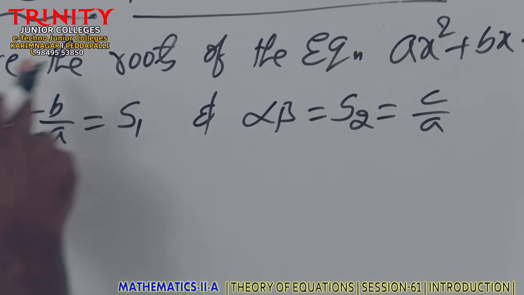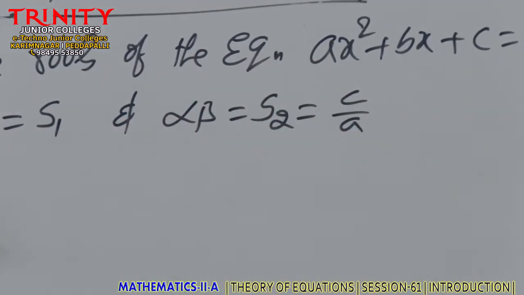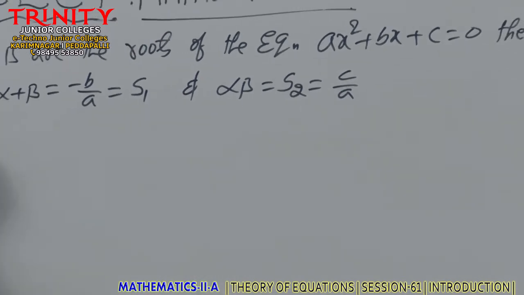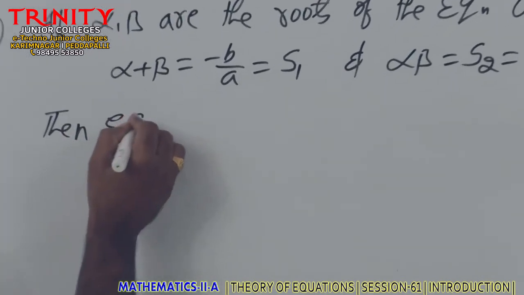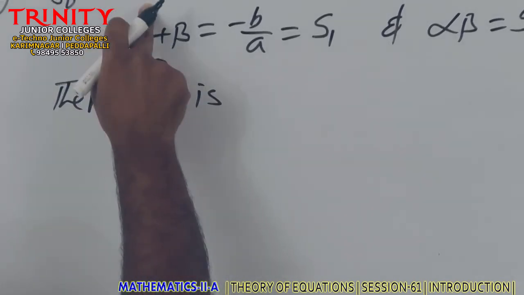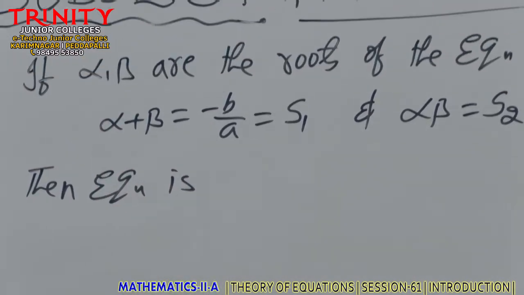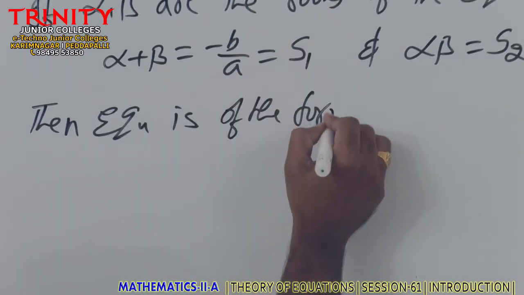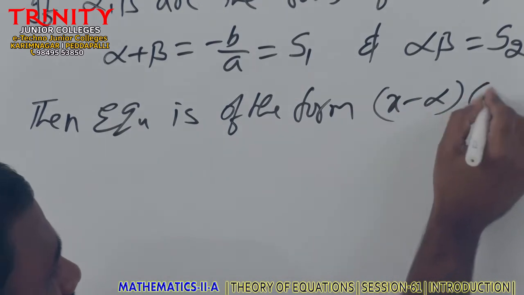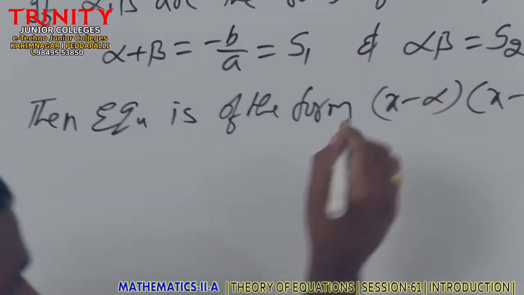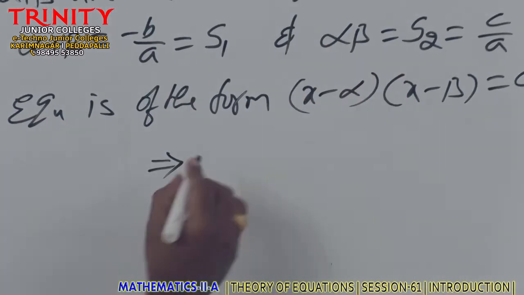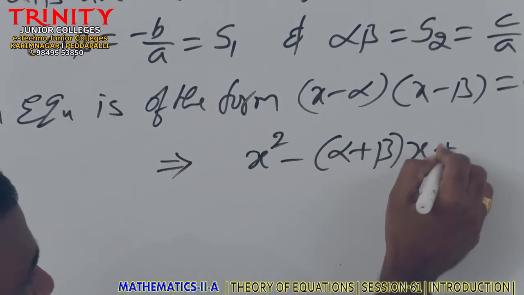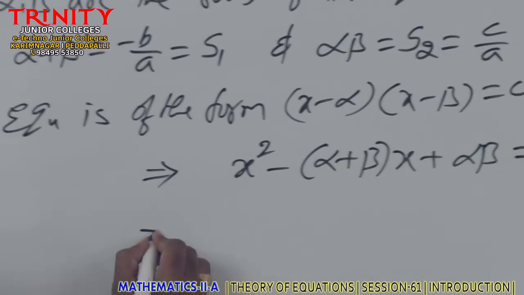If alpha, beta are the roots of the equation, then this is the relation between the sum of the roots and the product of the roots. Then the equation, if alpha, beta are the roots, is of the form (x minus alpha)(x minus beta) equal to 0, which we can write as x square minus (alpha plus beta) x plus alpha beta equal to 0.